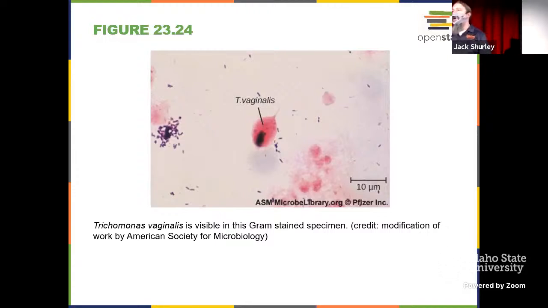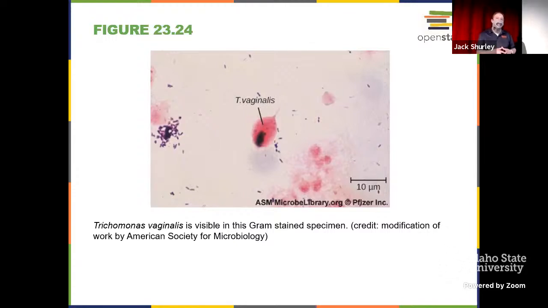If the female recognizes this problem and gets diagnosed and receives treatment, but her partner or partners do not receive treatment, the infection really isn't going to go away because she will be treated and then reinfected, right?